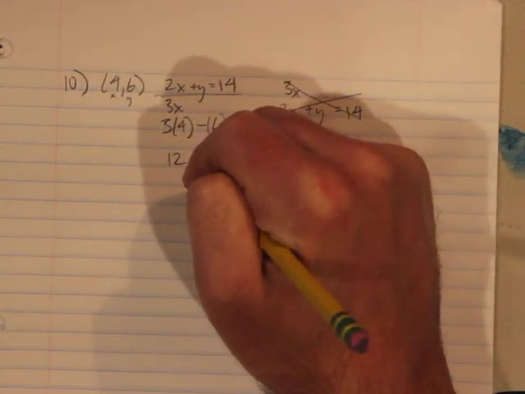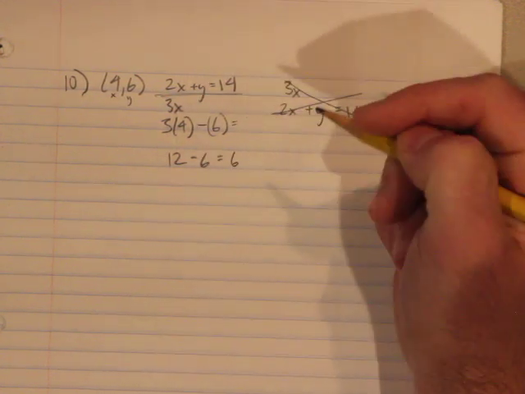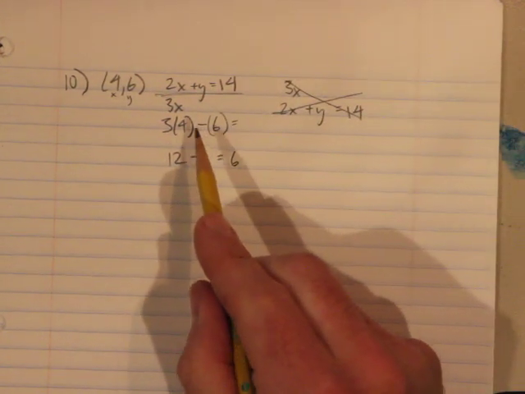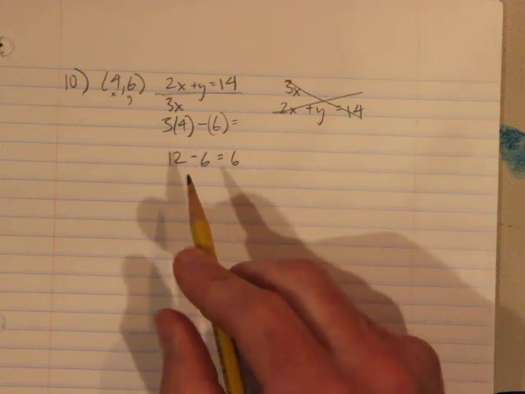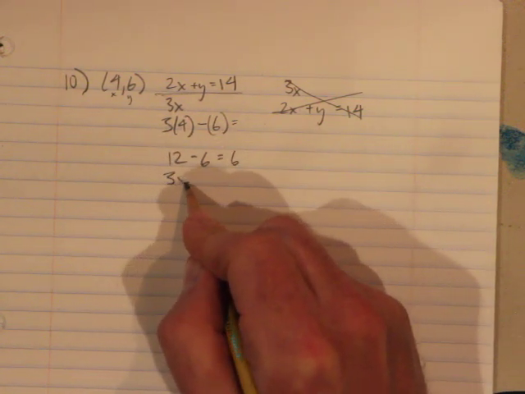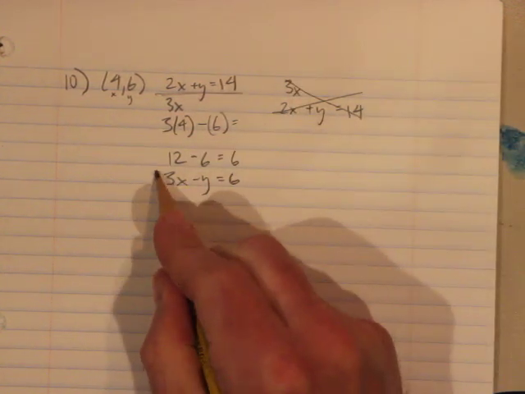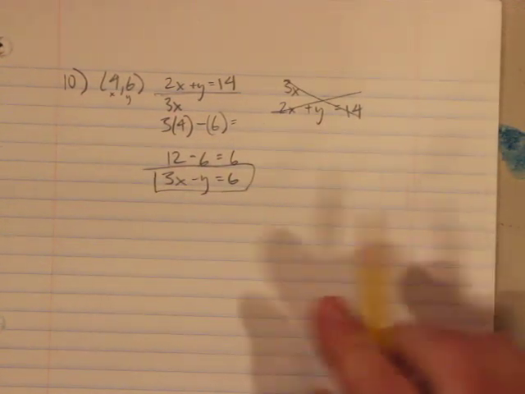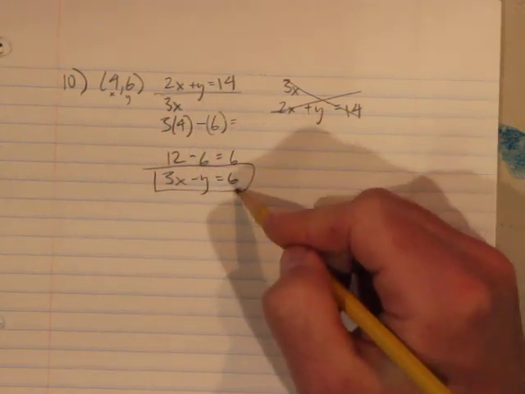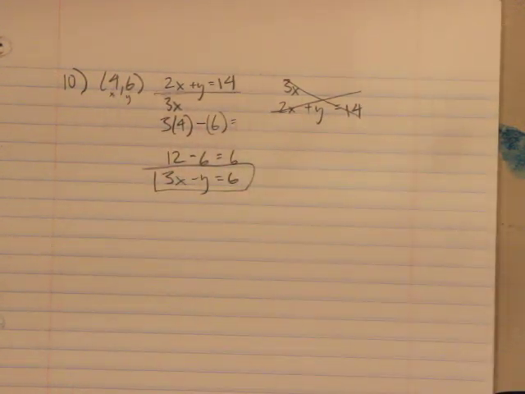12 minus 6 is 6. That means that my equation then would be 3x minus y equals 6. And there it is. These two equations share 4, 6 as a point.